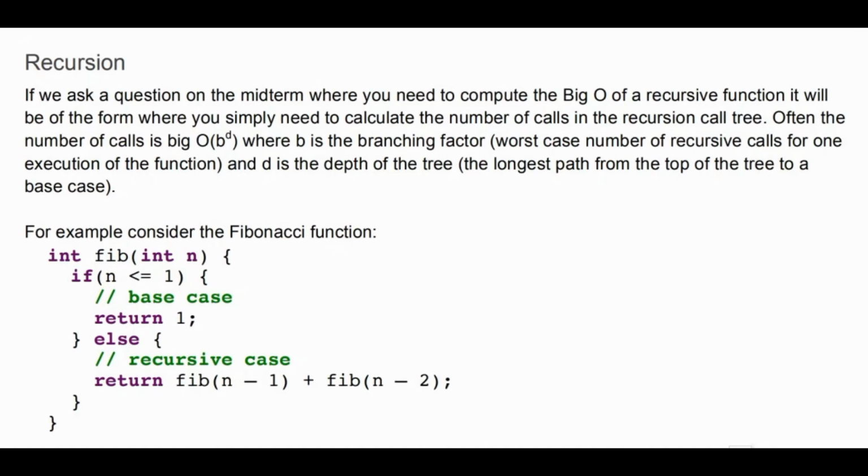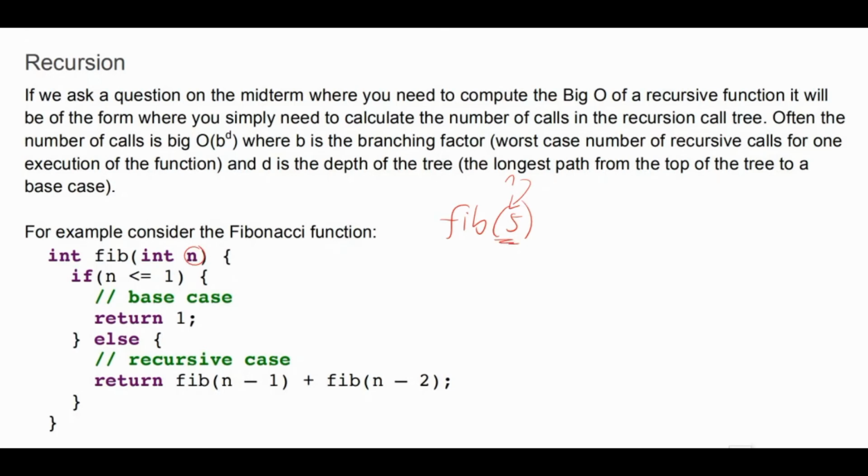And the depth is n, where n is the number on which the function is called. Say, for example, this given Fibonacci function here, if we call this as Fib5, Fibonacci 5, then our n is 5. Okay?